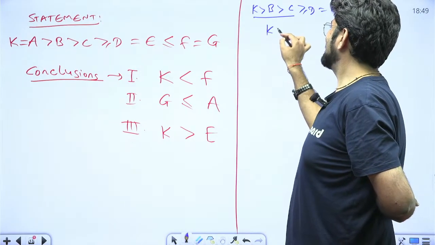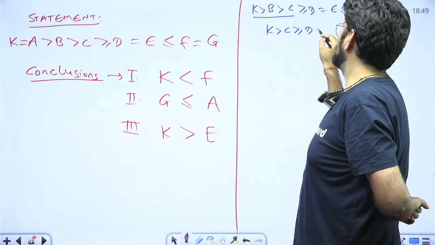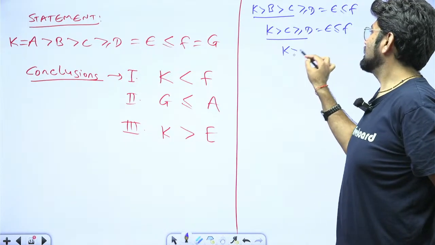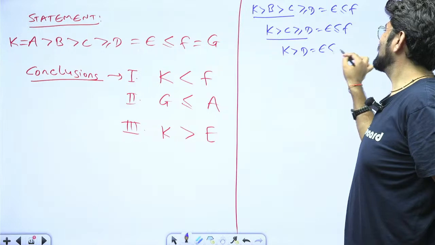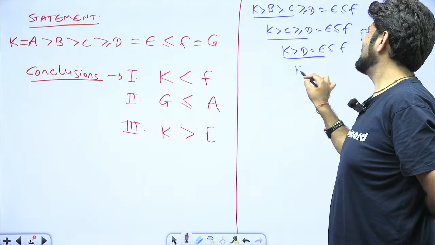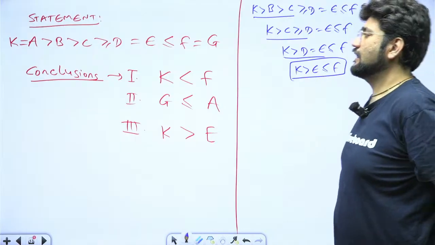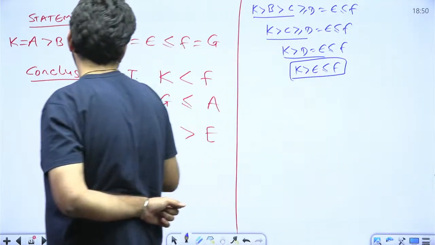Again I'll say K is greater than C, then equal to E, less than equal to. Again I'll say K is greater than D, equal to E, less than equal to. Again I'll say K is greater than less than equal to F, and dead end. No relationship between K and F.